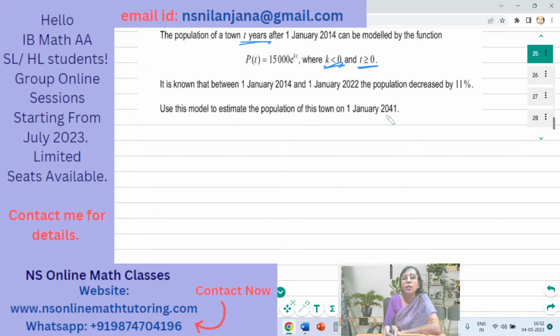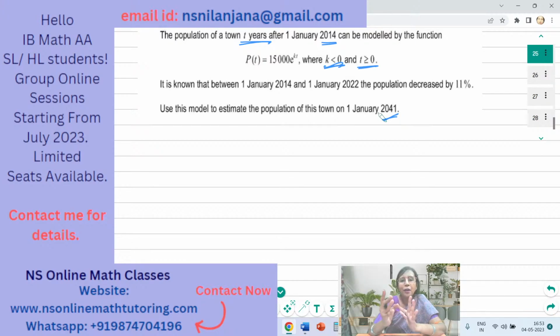Okay? So, if we have to find the population on 1st January 2041, t will be what? The starting is 2014. This is 2041. So 14, 15, 16, 17, 18, 19, 20, 7 years. Up to 20, it is 7 years. So 20 to 30, 17 years.